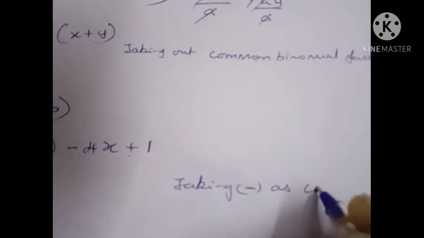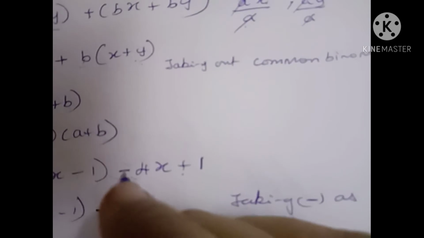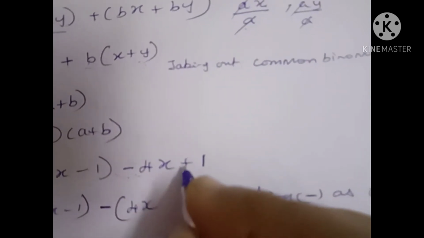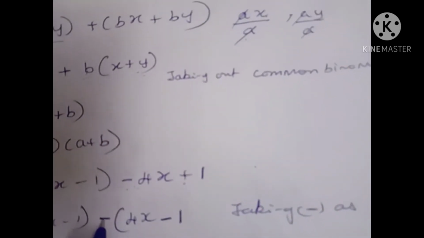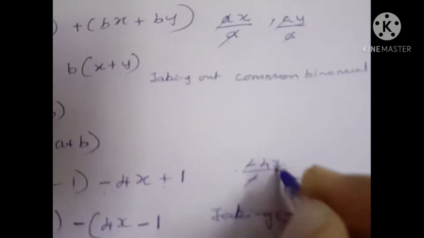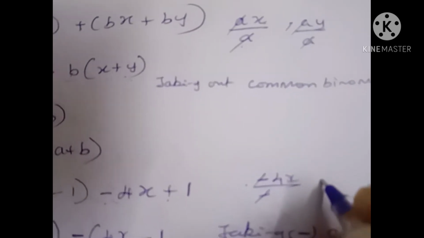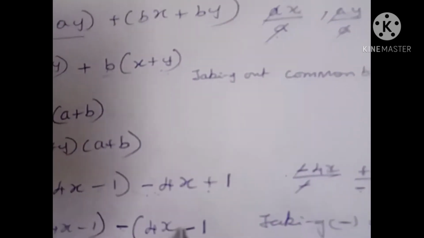So if you take the minus as common, minus 4x by minus is plus, therefore 4x. Have you understood, students? Again, plus 1 by minus is minus 1. Plus divided by minus is minus.